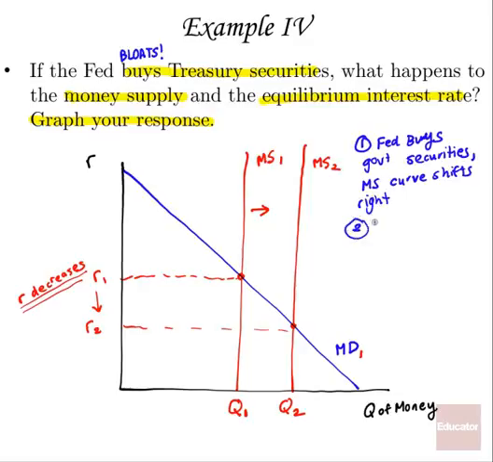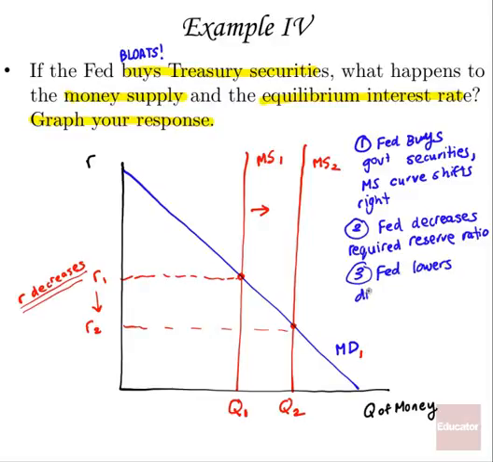What are the other ways? If the Fed decreases the required reserve ratio, the money supply would shift to the right. Or if the Fed lowers the discount rate, that's going to shift the money supply curve to the right.